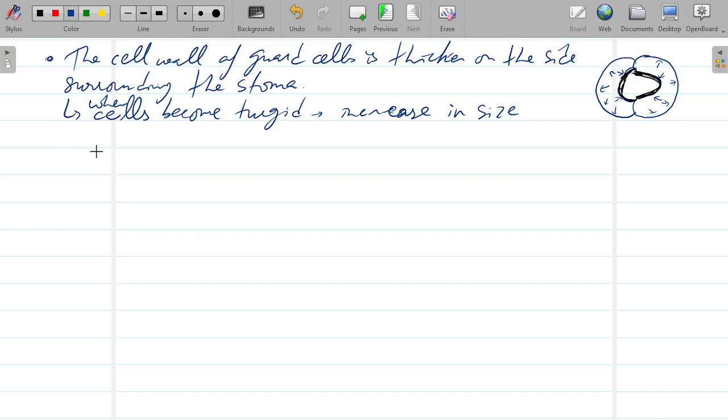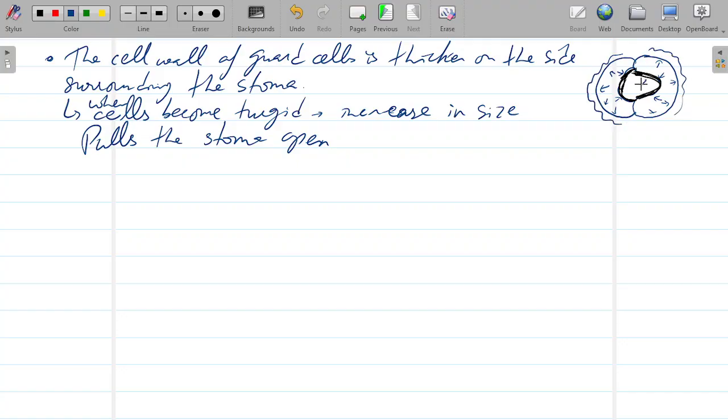Yeah. And so, right, as the cell grows in size, it pulls the stoma open, because there's more expansion of the cell happening over here.